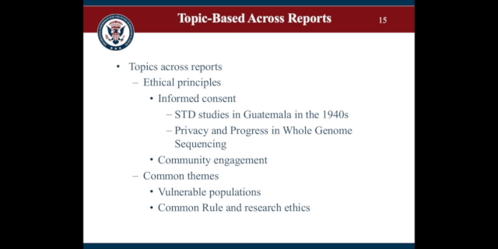We'll look at also potentially common themes like ethical issues surrounding vulnerable populations or the Common Rule in research ethics, all using maximum flexibility so you can use these materials in your existing courses and add real live examples of contemporary ethical issues or analyses addressed by a presidential commission.